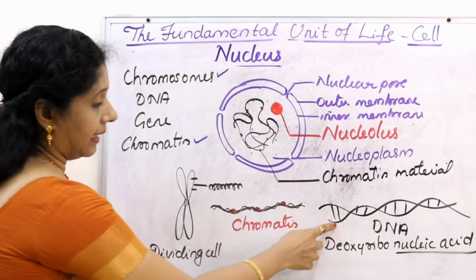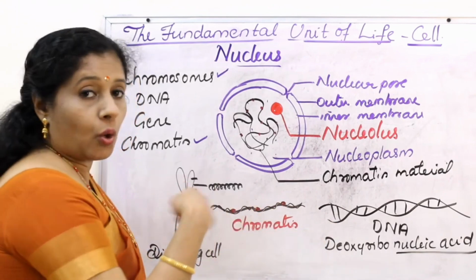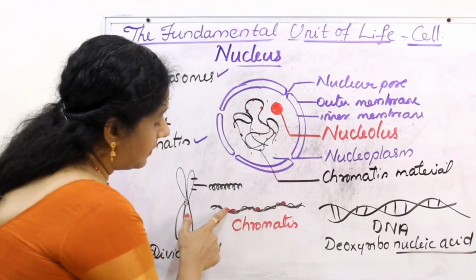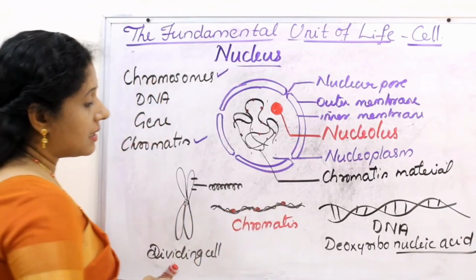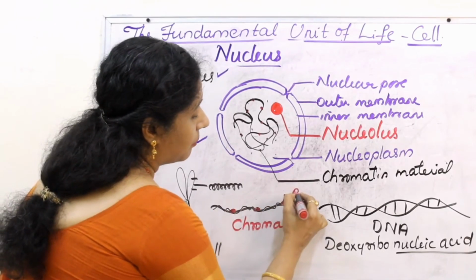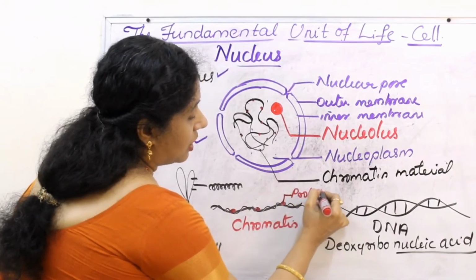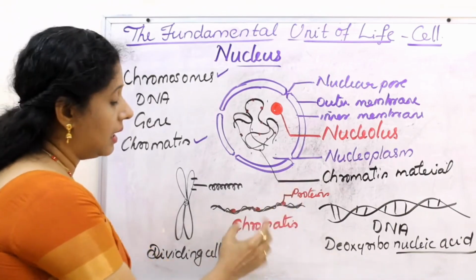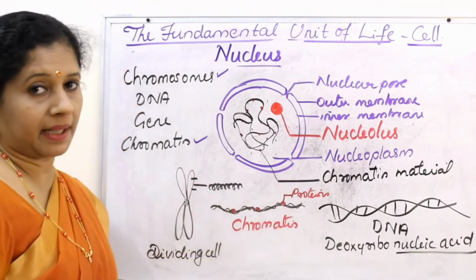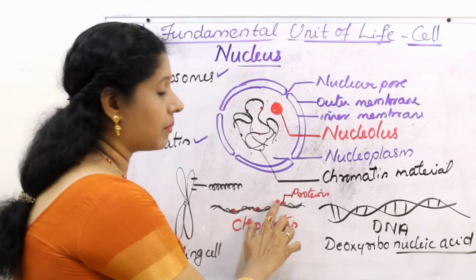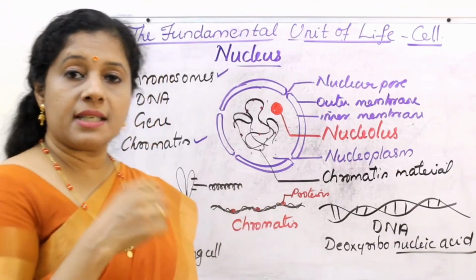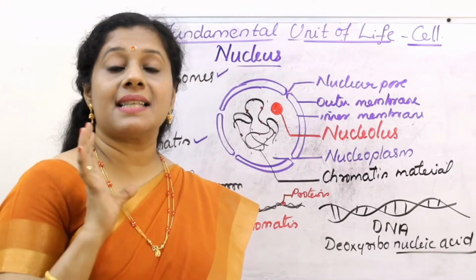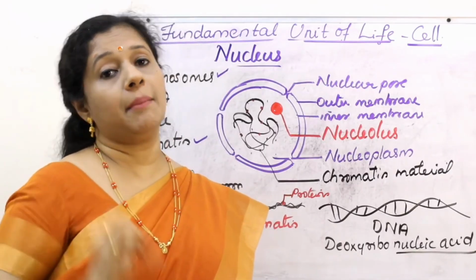So this DNA is actually coiling to make the chromosomes, right? For that some proteins are used. So these red color parts are the proteins. Okay, so when DNA and proteins come together, that is called chromatin. So chromatin has protein and DNA. Protein is just used for packing or coiling that DNA, but DNA is the actual information containing material.